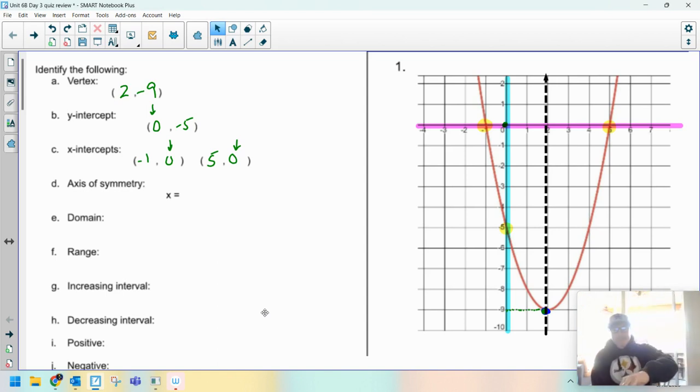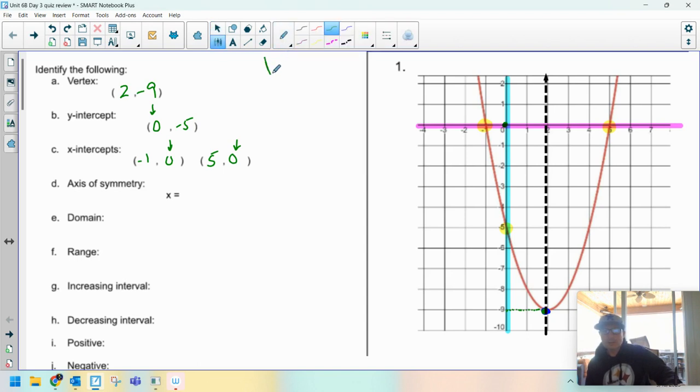All right. So, axis of symmetry is that vertical line. If you fold the parabola over that vertical line, it would fold perfectly on top of itself. Anytime you have a vertical line, we talked about VUX a while back. VUX stands for vertical lines. They have undefined slope, and their equation is x equals something.